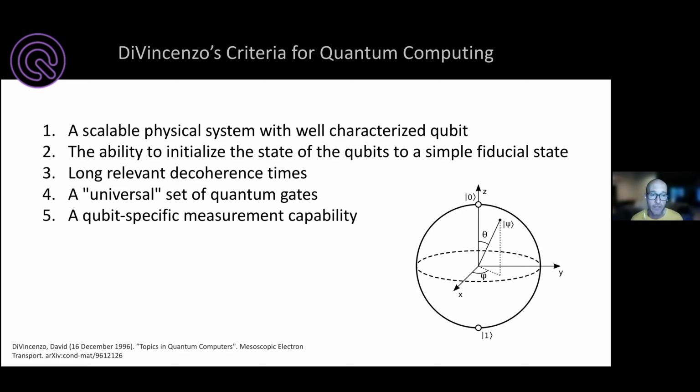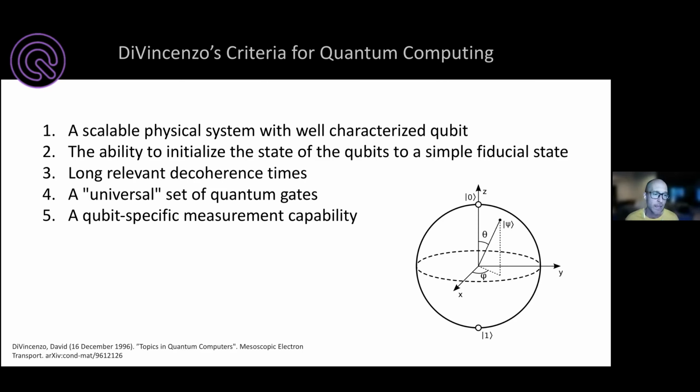Then you need the ability to initialize many of these qubits in a simple fiducial state. So a state that can be compared as the basis, and then you can look at the excitations of that state. And you need long relevant decoherence times. This is important for basically initializing a quantum computer. You need a quantum computer that you can anneal faster than the decoherence time of the bits, or else it's just completely useless.